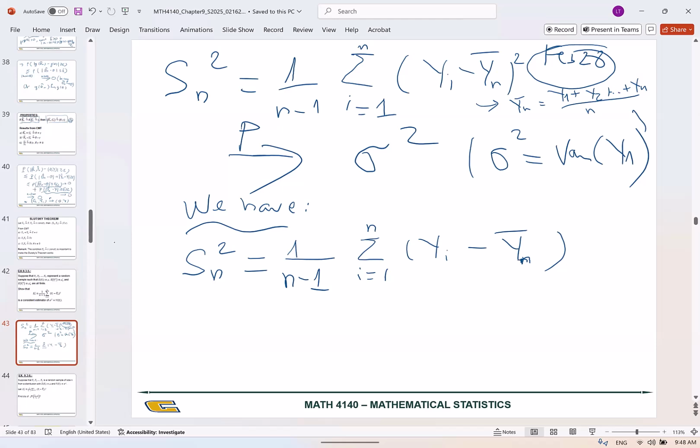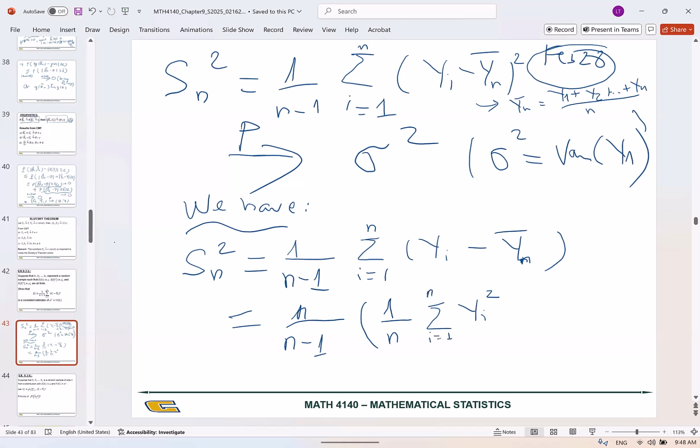In this one, we can show that this becomes n over n minus 1. What I do is multiply by n on the numerator, and I need to remove that here, from 1 to n.